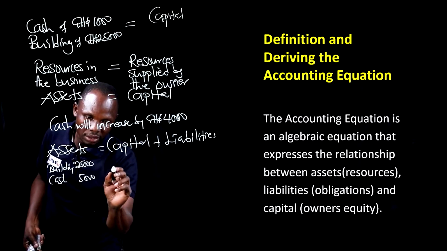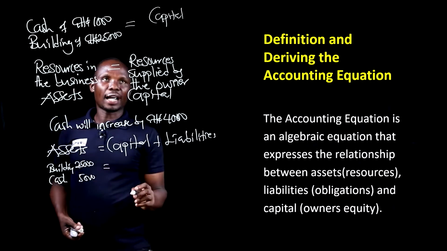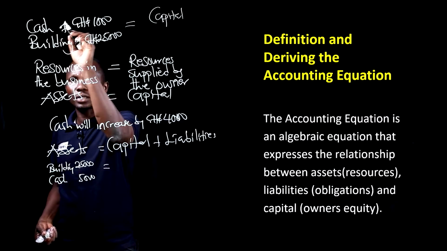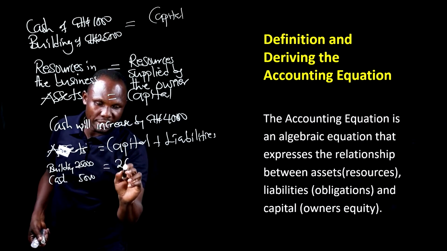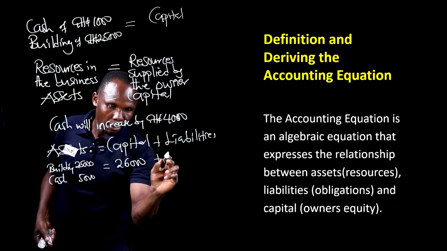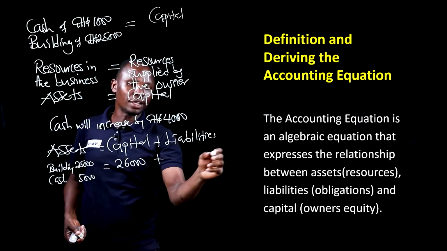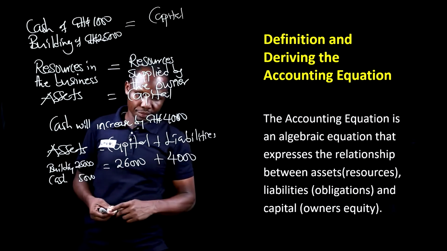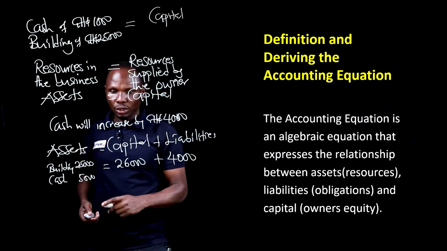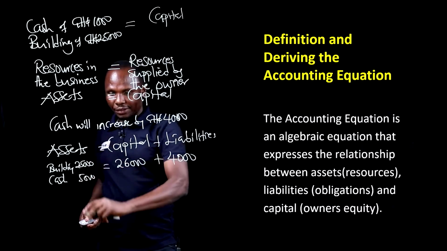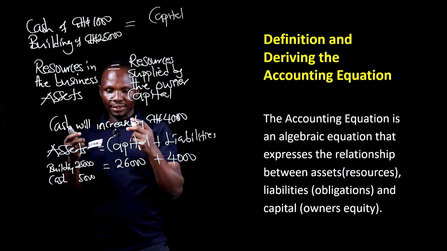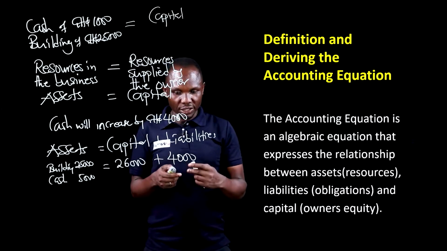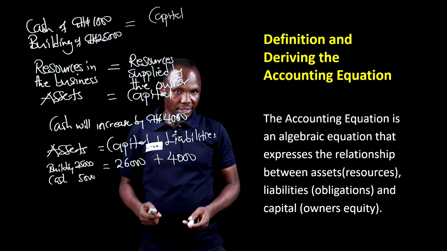This will now be equal to the capital the owner brought, which is the cash and the building, 26,000, plus the liabilities, the loan he took from the bank, 4,000. So 25,000 plus 5,000 will give us 30,000. 26,000 plus 4,000 will also give us 30,000.